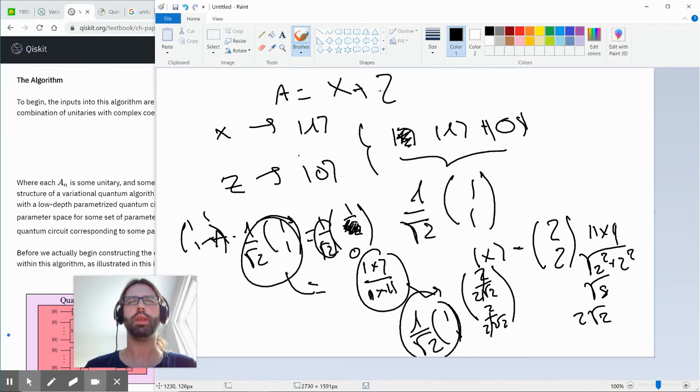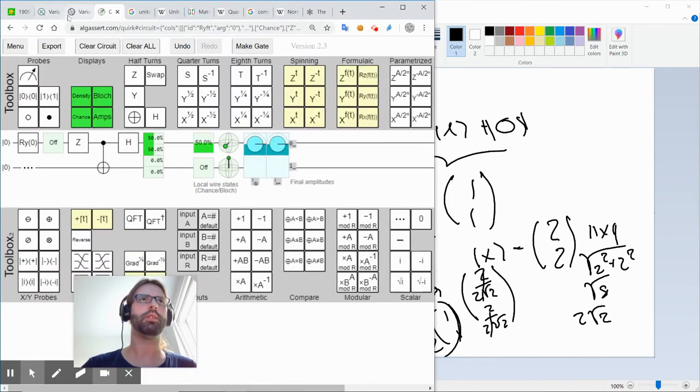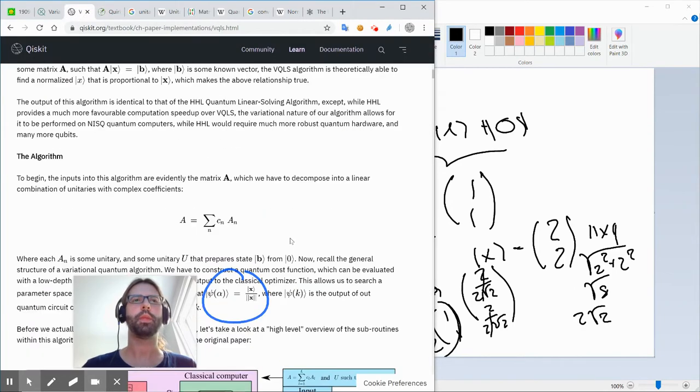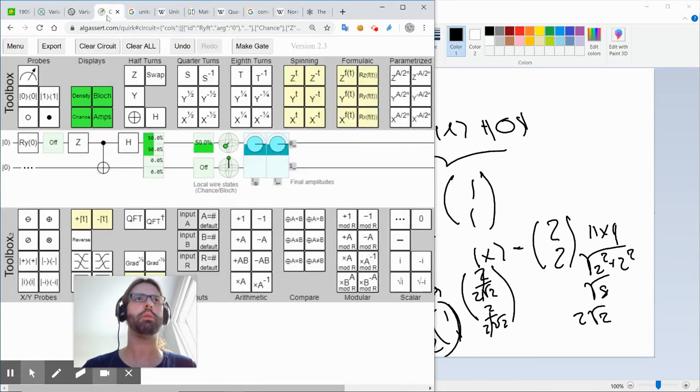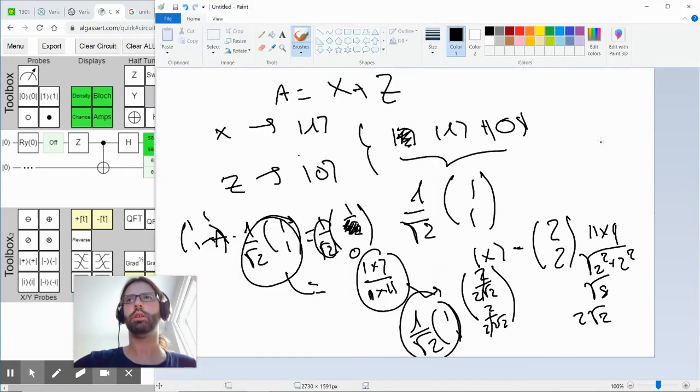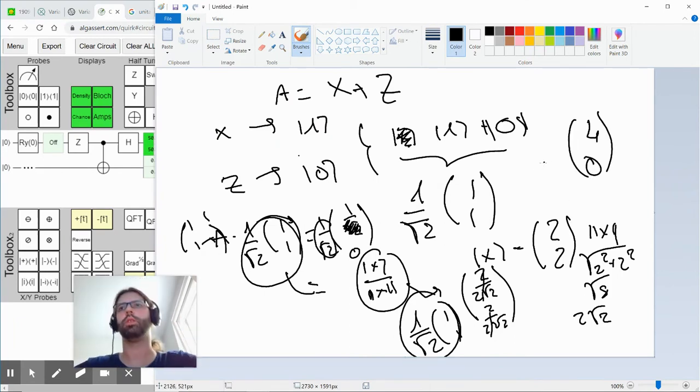It was x plus z, basically the two different circuits. And that's really it, because for B, I did nothing, because B is just 4, 0. So it's kind of like 4 times 1, 0.